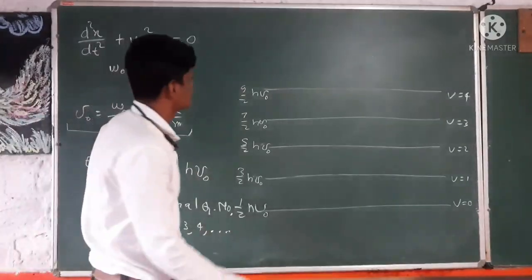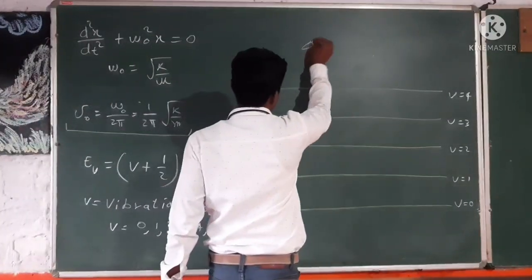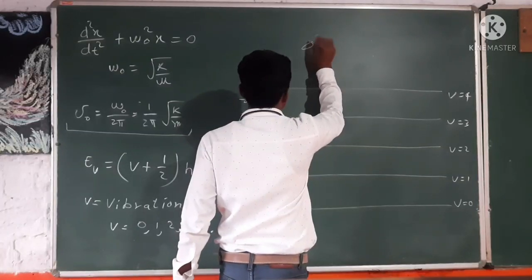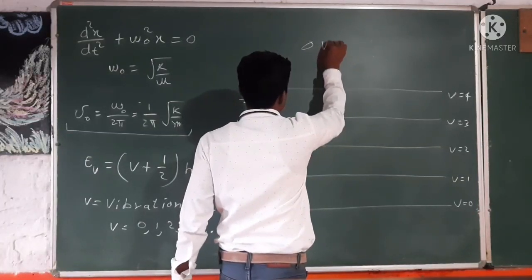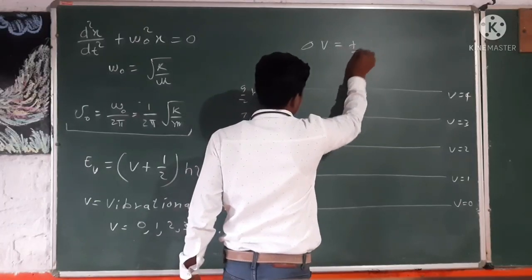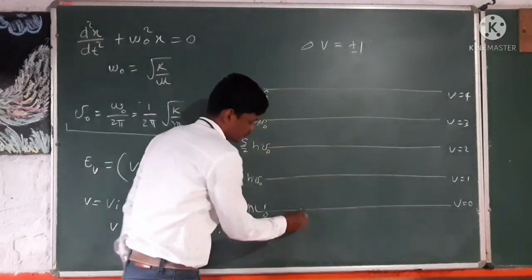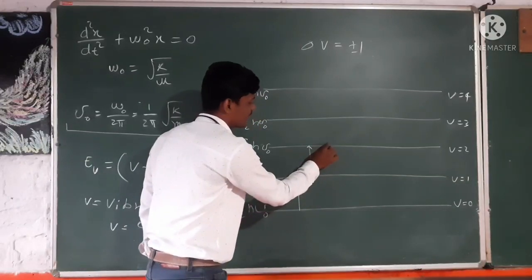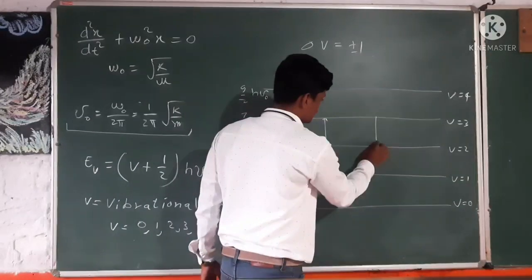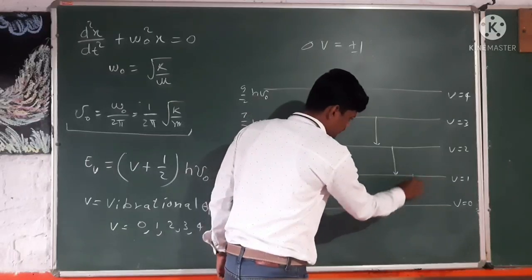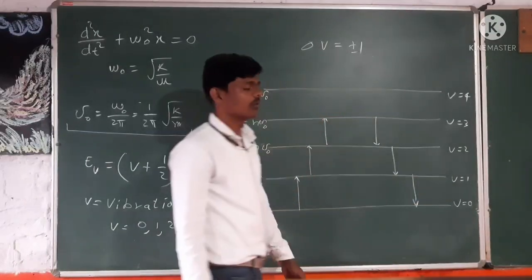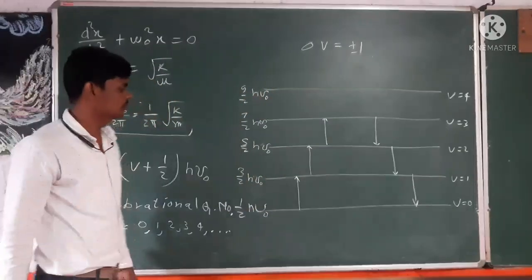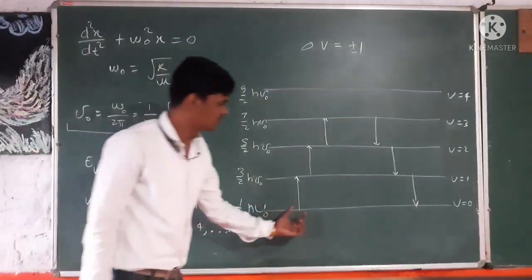Now here, same as rotational energy levels, we have a selection rule for these transitions. Delta v will be plus or minus 1. So this is absorption going to a higher energy level, and this is emission going down to a lower energy level. So this is plus 1, this one is minus 1. So that is the selection rule. Here we can see a difference between adjacent levels.